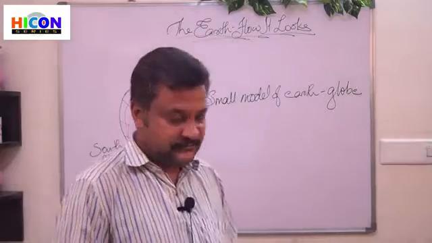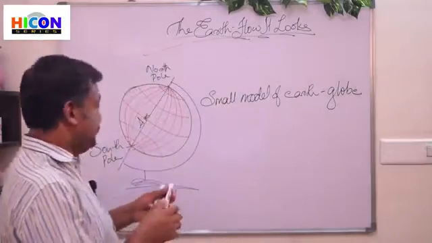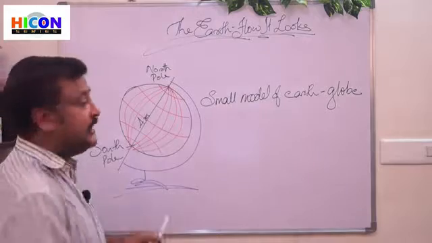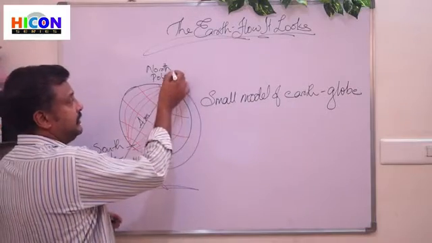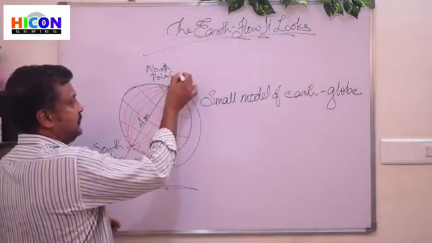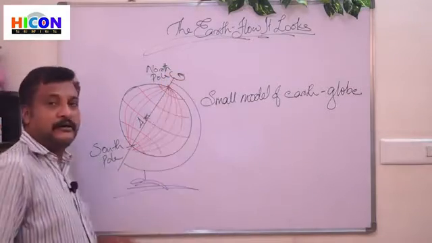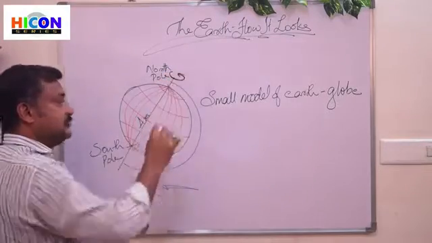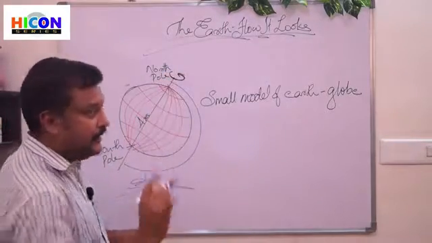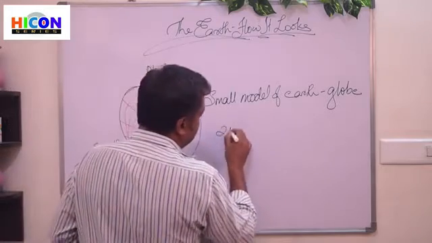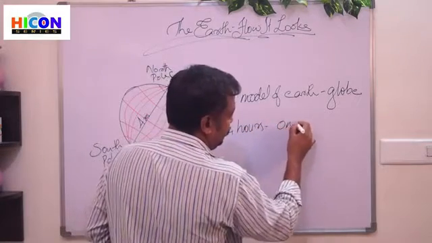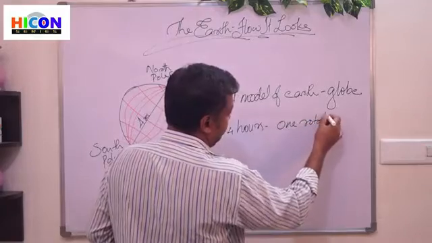Okay, so we know the earth rotates in which direction? In which direction does the earth rotate? From west to east, isn't it? From west to east, the earth rotates on its axis, and it takes how much time? 24 hours to complete one rotation.